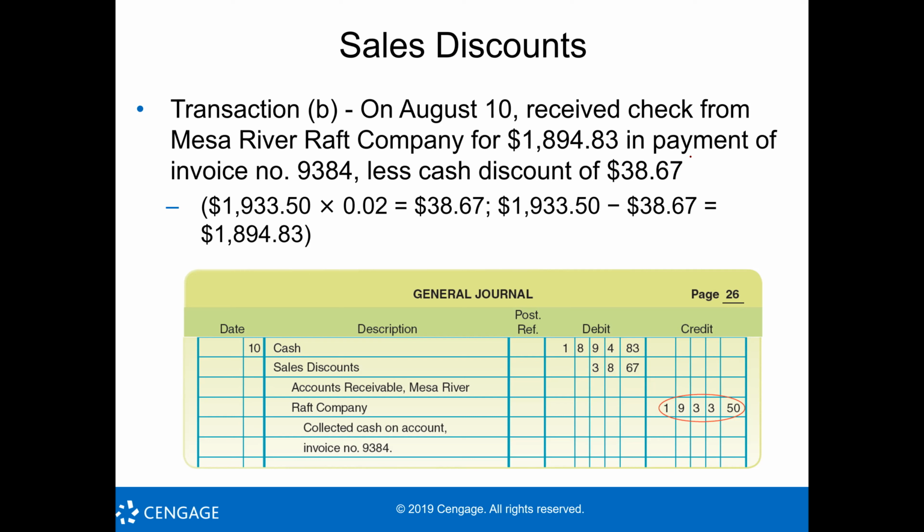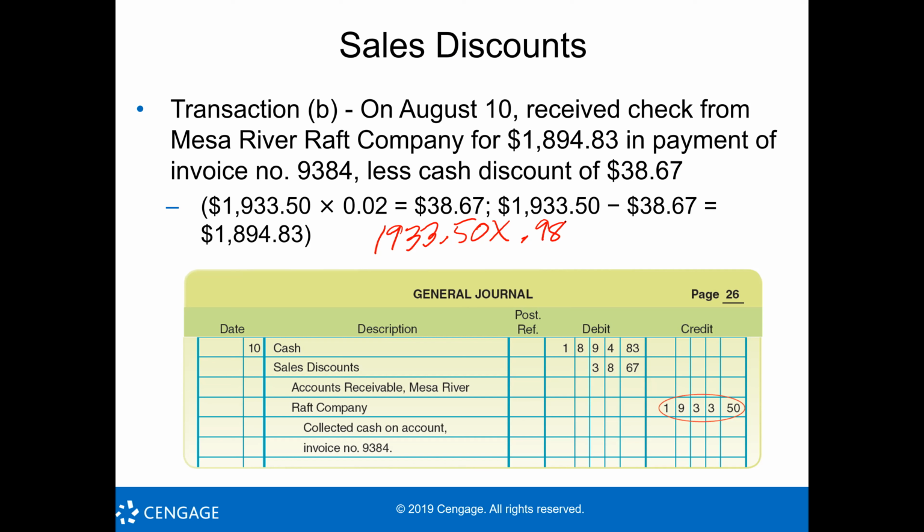We have to subtract that 2%. And so I think the easiest way to do it, and again, we got practice with it this way in class, is say 1933.50 times 0.98. In other words, times 98%, right?